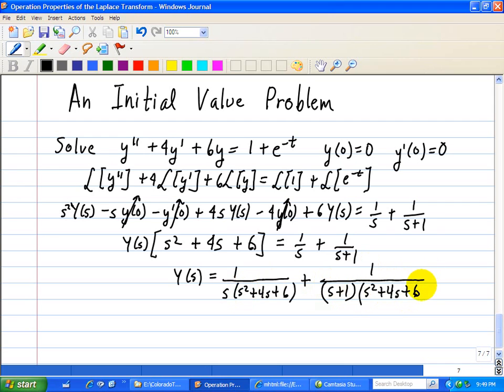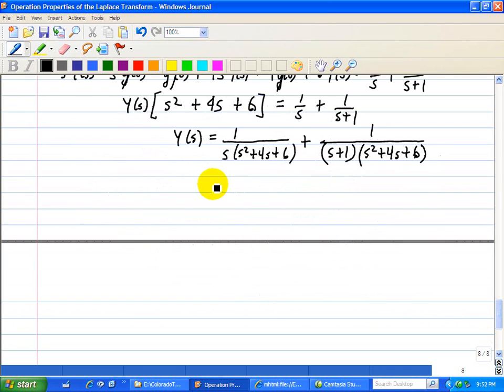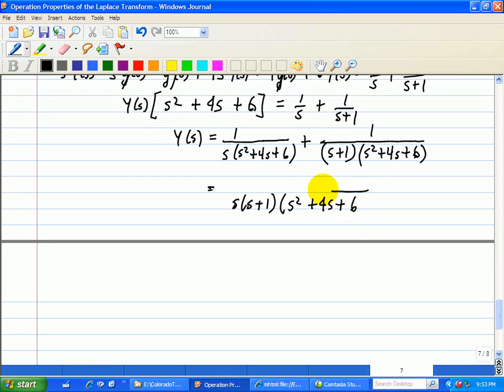Now what we do in this case is we form a partial fraction expansion after we put these in a common denominator. Now putting this in a common denominator, such that we have s plus 1 times s squared plus 4s plus 6.